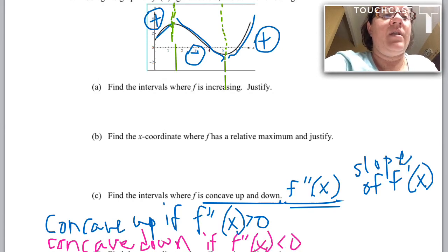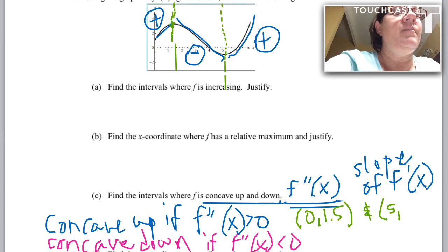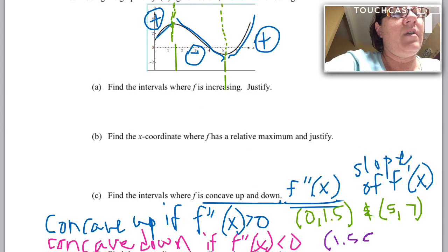And so I notice that up here, f double prime, which is the slopes, I wrote them in, is positive from 0 to 1.5, and that looks like it's about 5 to 7. And then the slope is negative between 1.5 and 5. So that's when it's concave down.